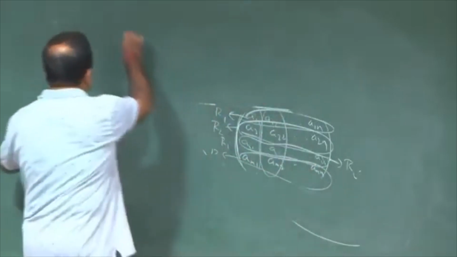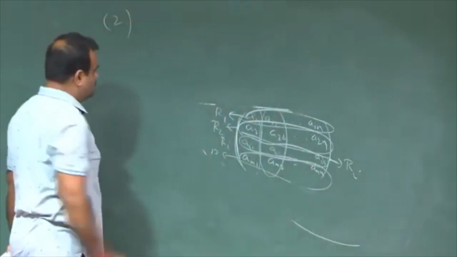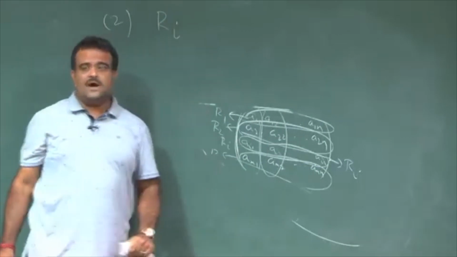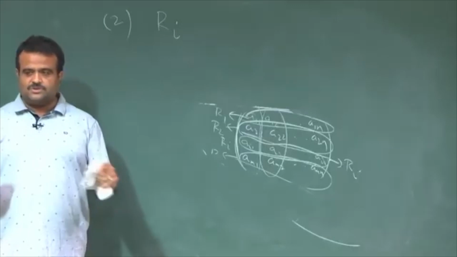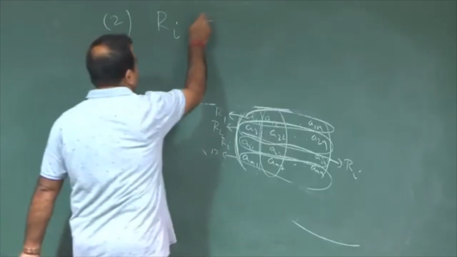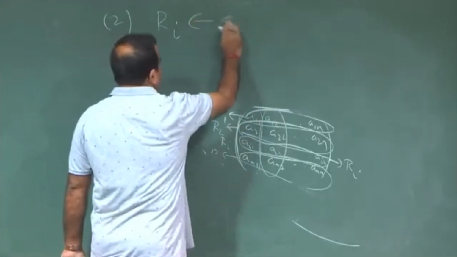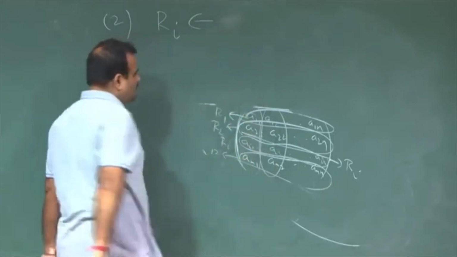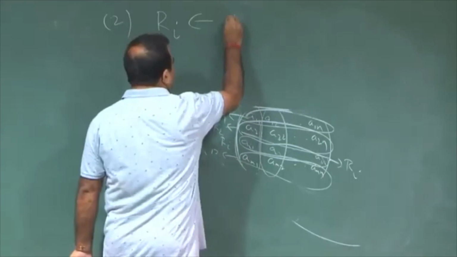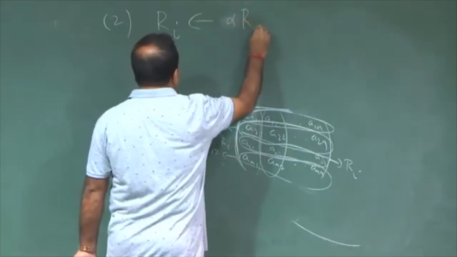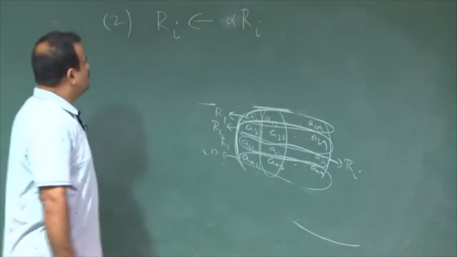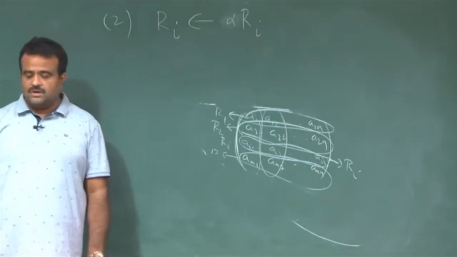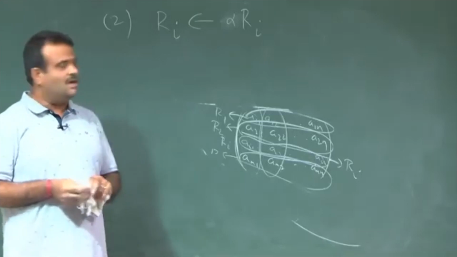So, the second elementary operation is this: we consider the ith row, Ri, and we replace it by some constant times Ri, say lambda or some alpha times Ri. So, we multiply a constant with the ith row.